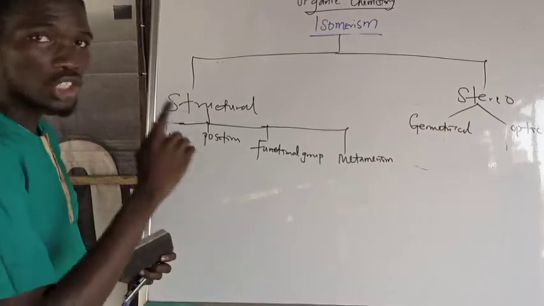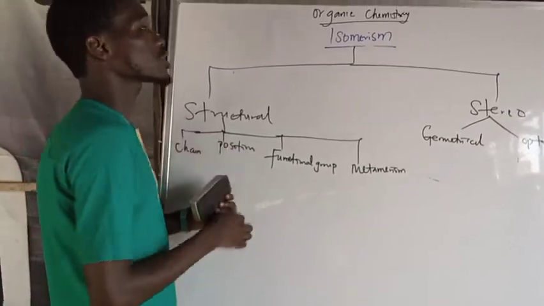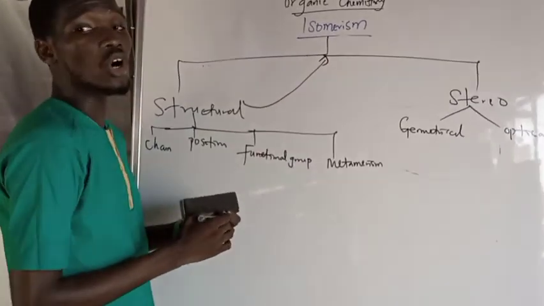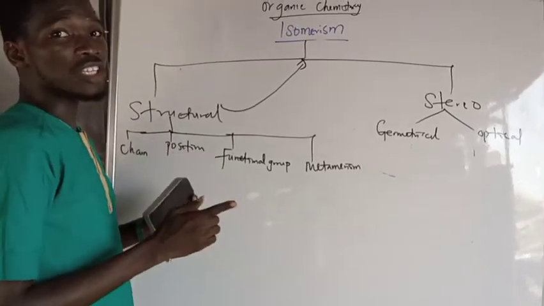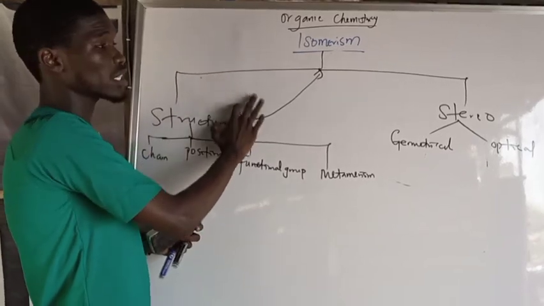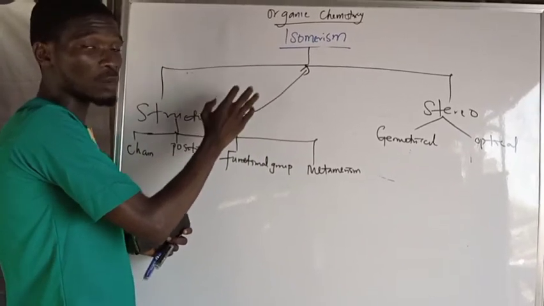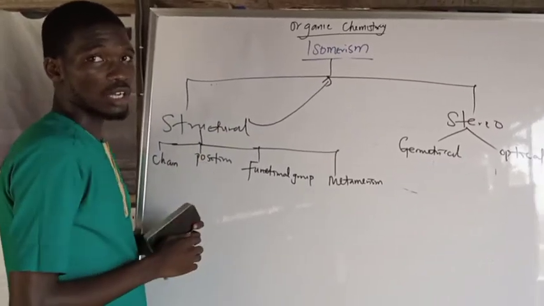So what is chain isomer? Well, first and foremost, structural isomerism is the same thing as the definition of isomerism. With that, we can say structural isomerism is the phenomenon of 2 or more compounds having the same molecular formula but different structural formula.